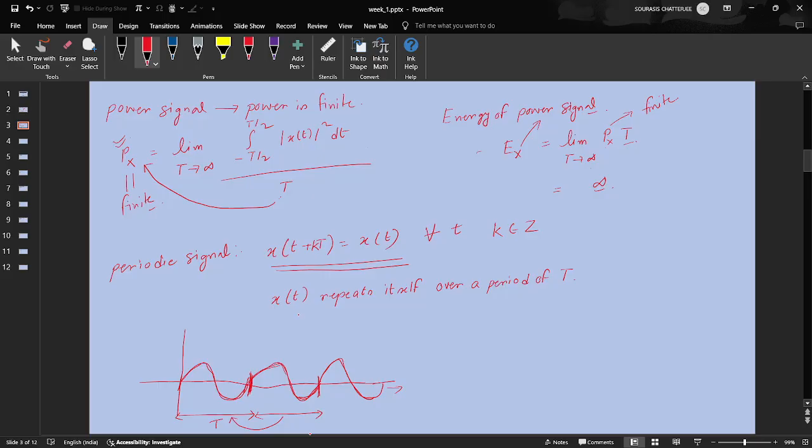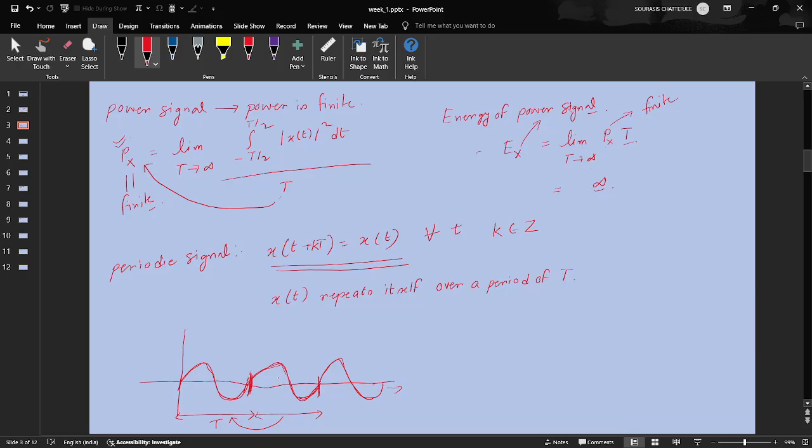So that is what periodic signals look like. When you say that x(t) is a periodic signal with period T, that basically means the signal repeats itself every T period. Within any period of length T, the signal is unique, but just outside that there is no uniqueness.